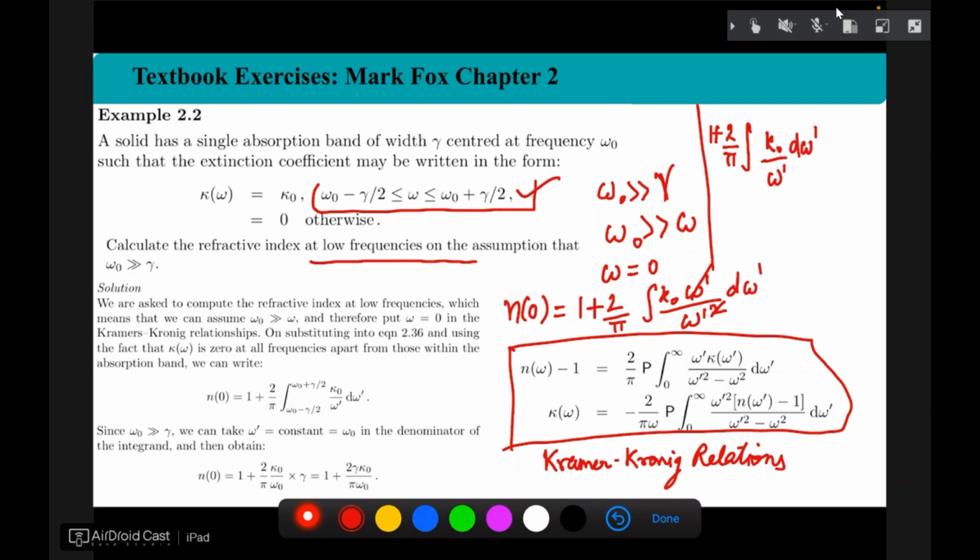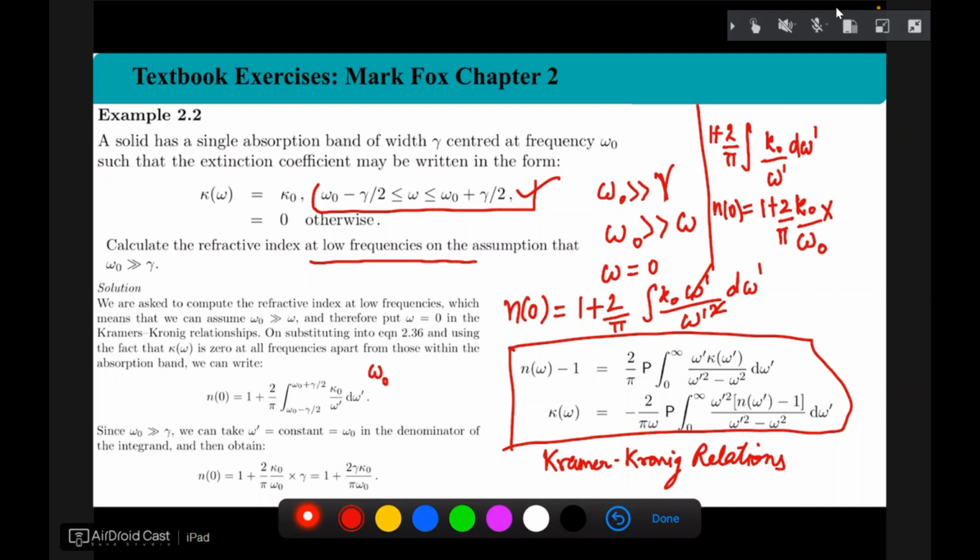Now, considering that omega naught is very much greater than gamma, we can assume that omega prime is a constant, equivalent to omega naught. So we can take this constant value outside the integration: 2 by pi, kappa naught upon omega naught, and the limits are omega naught minus gamma by 2 to omega naught plus gamma by 2.